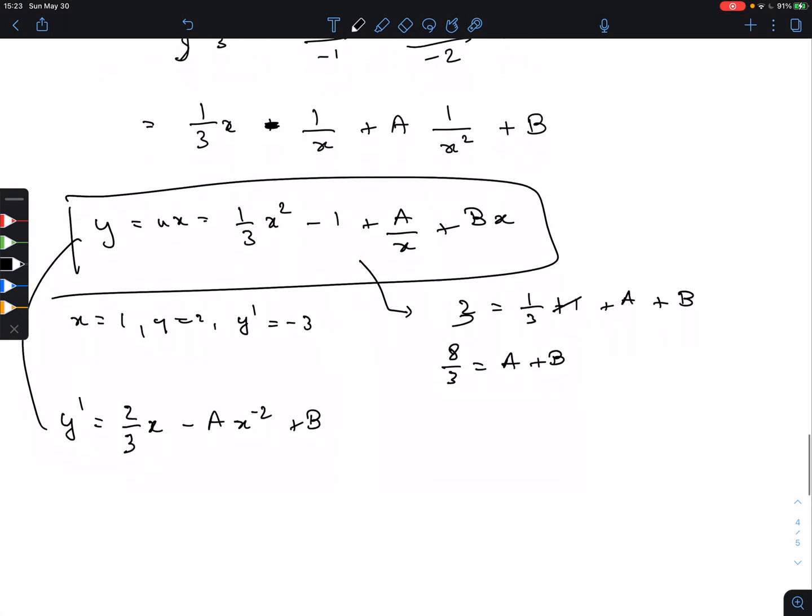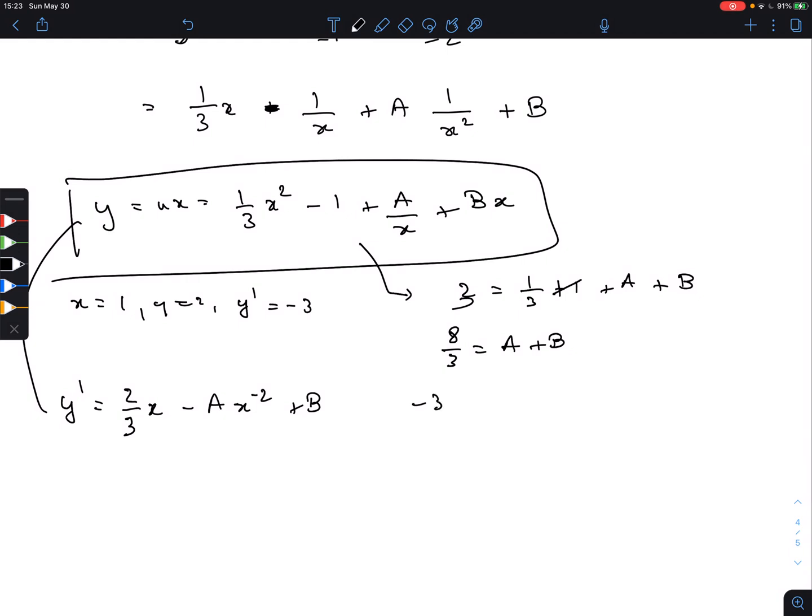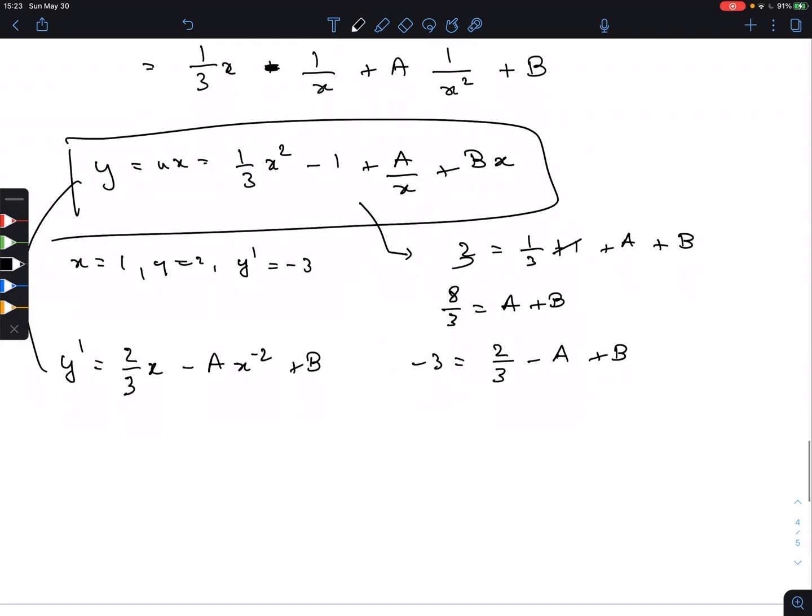I plug in 1 now, I get minus 3 equals 2/3 minus a plus b. Bring the 2/3 to the other side, so it's minus 9/3 minus 2/3, so it's minus 11/3 equals minus a plus b. Did I get that right? Yes, minus 11/3.